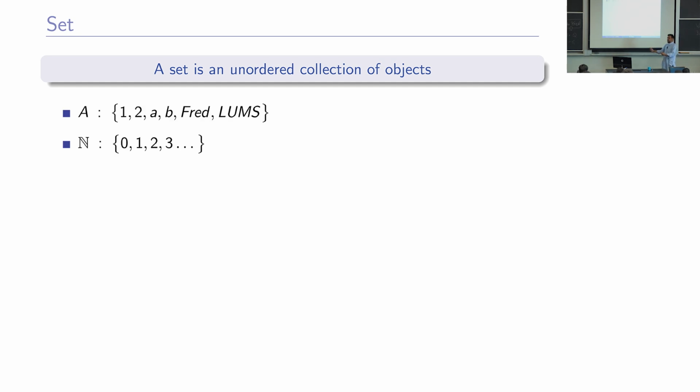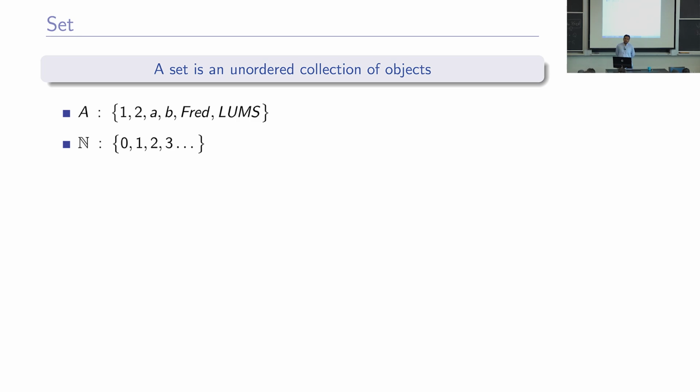Okay, so here is a set of objects, an unordered collection of objects: 1, 2, A, B, Fred, LUMSx, right? Is it a set? Yes, it's a collection of objects. Some objects are numbers, some are characters, some are people, some are universities or whatever. We never said anything about the types of objects. It's any collection.